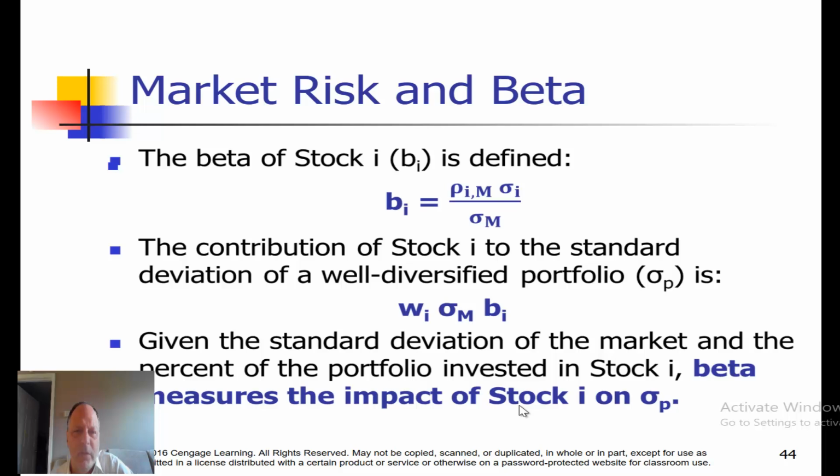So that is the beta of the stock, and then rewriting our equation, the contribution of stock i to the standard deviation of a well-diversified portfolio is the weighting in i, times the market standard deviation, times the beta of that stock relative to the market.